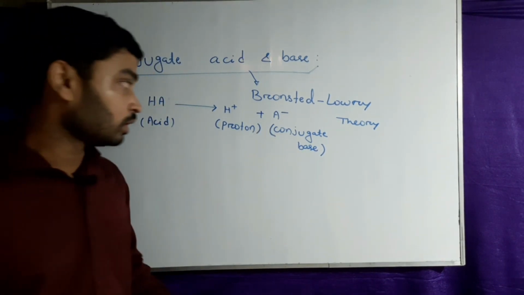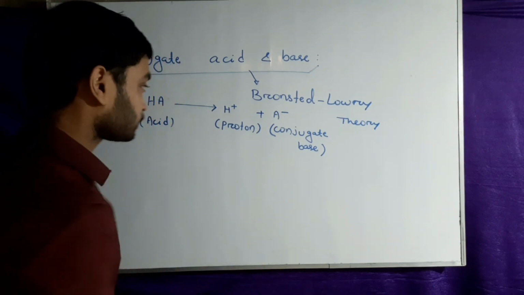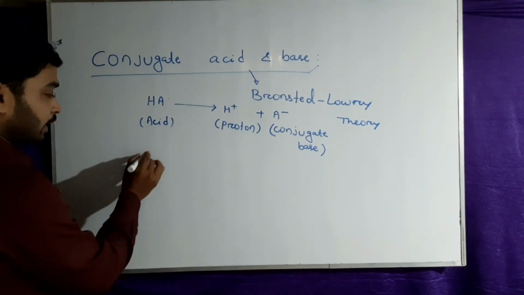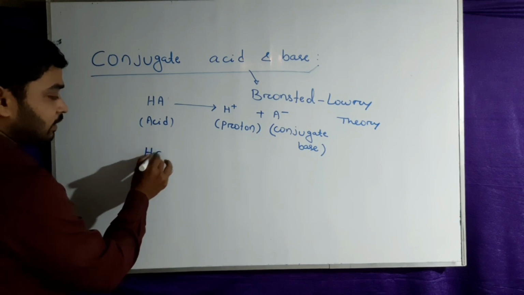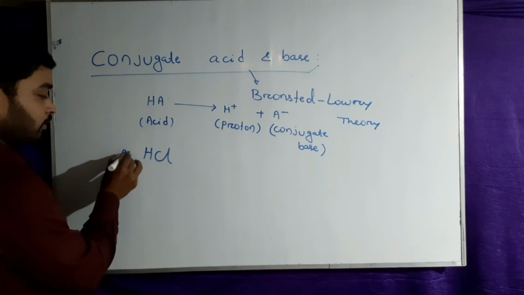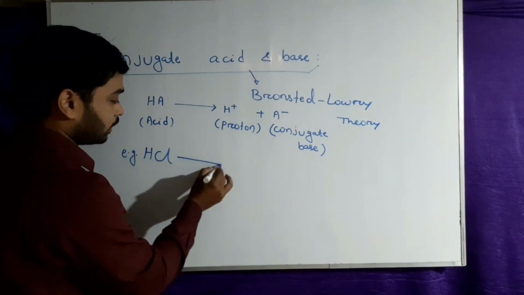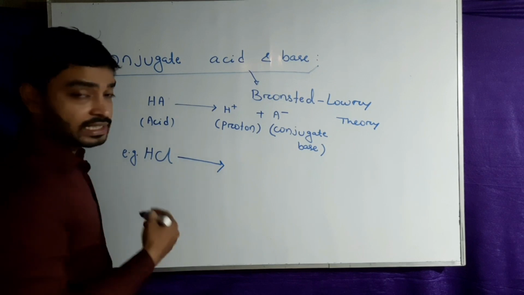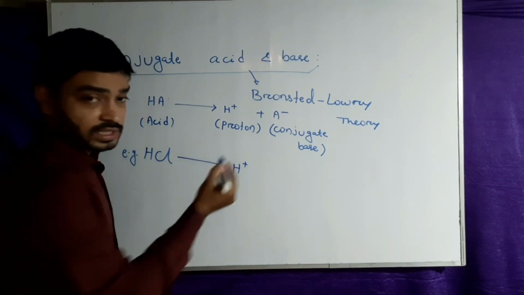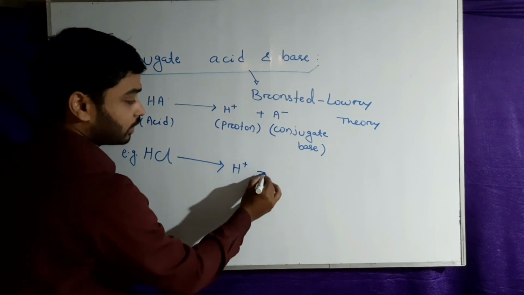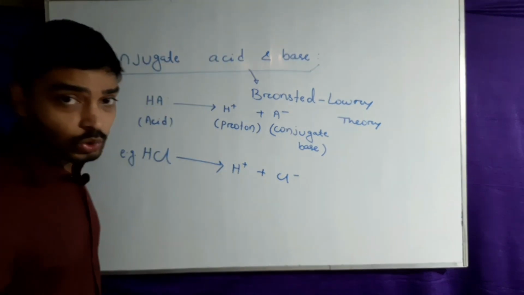So let's understand with an example. If I take HCl, in HCl what will happen? HCl dissociates to give proton or H plus ion, and along with that it releases Cl minus ion, that is chloride ion.